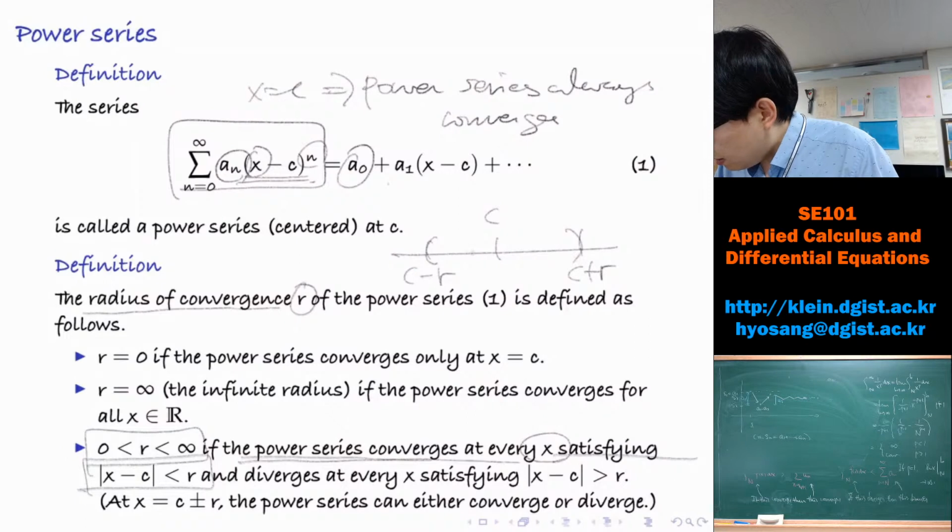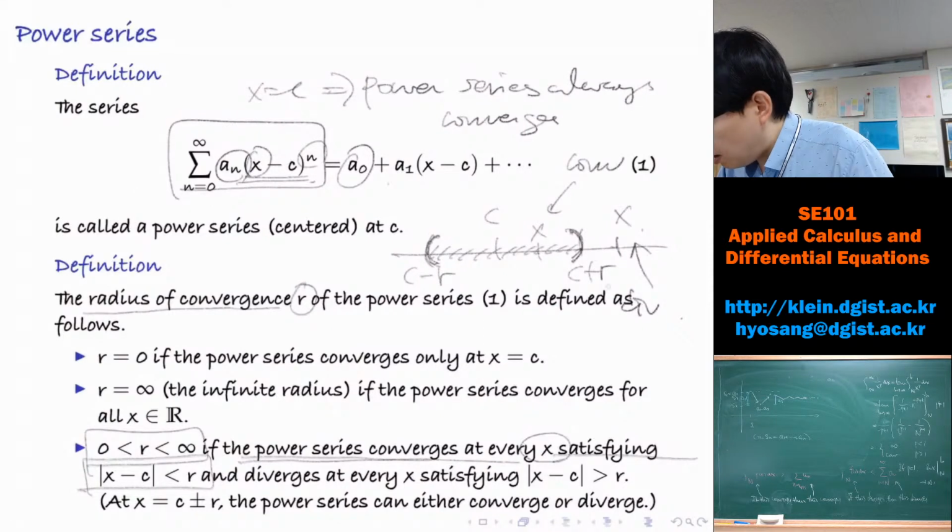If the power series converges for all the points inside this open interval, not including the boundary, and if you take x strictly outside of this open interval, then it diverges. So if it converges inside and diverges outside, then R is the radius.